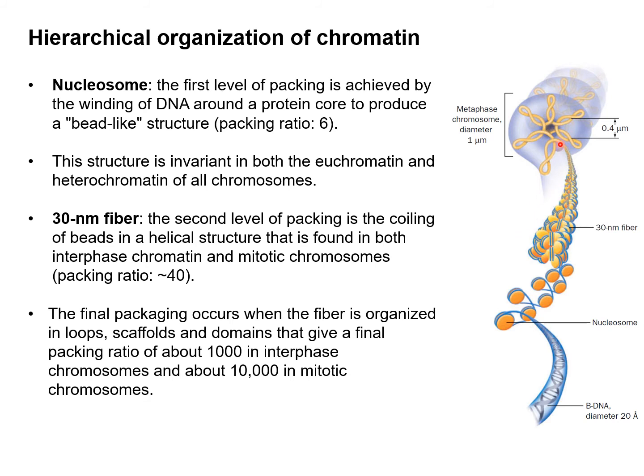But there's a final packing, which occurs when the fiber is organized in loops, as you can see here. It forms scaffolds and domains that give a final packing ratio of about 1,000 in interphase chromosomes, which are cells not in the state of cell division, and it achieves the packing ratio of 7,000 in the mitotic chromosomes, which are the chromosomes in cells that are actively dividing.